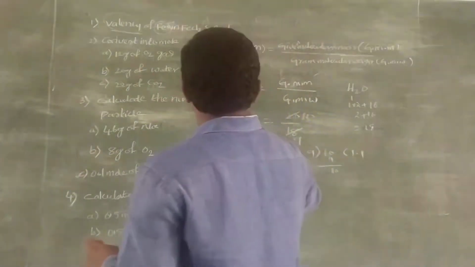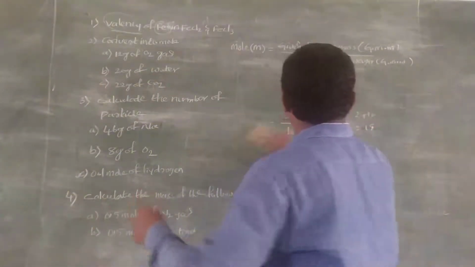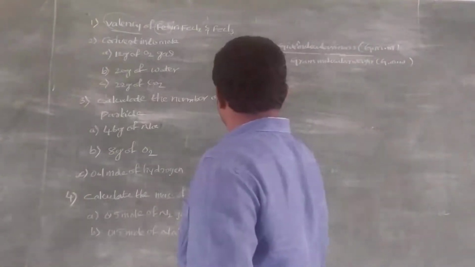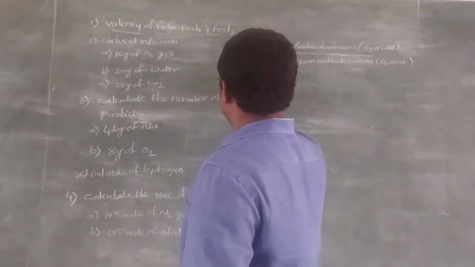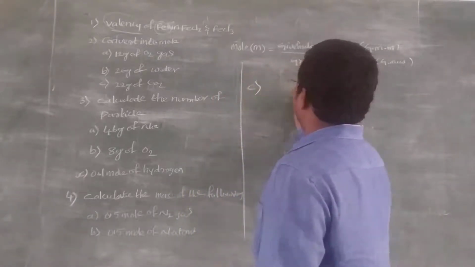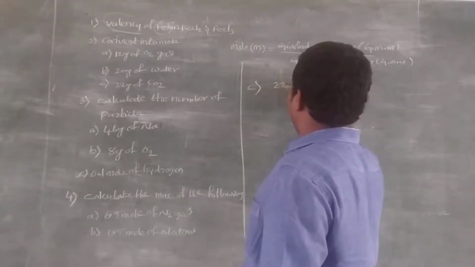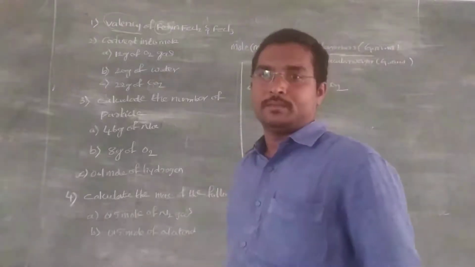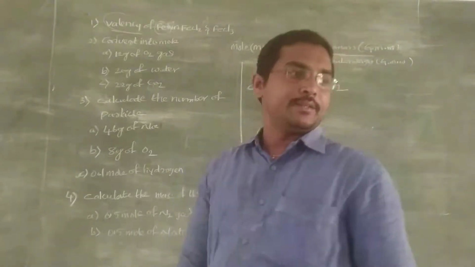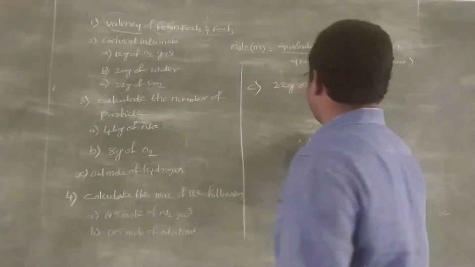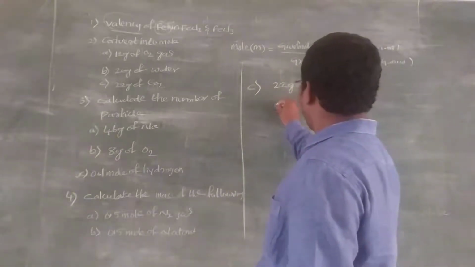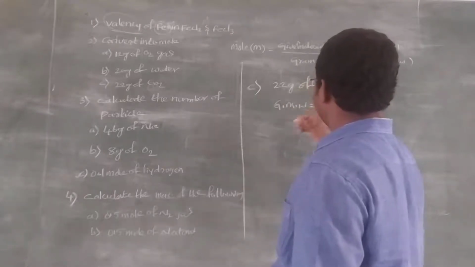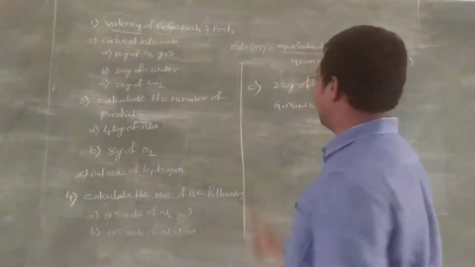And next one, write down the formula. Find mole of 22 gram of CO2. What is CO2? Carbon dioxide. So here given mass is 22 gram.